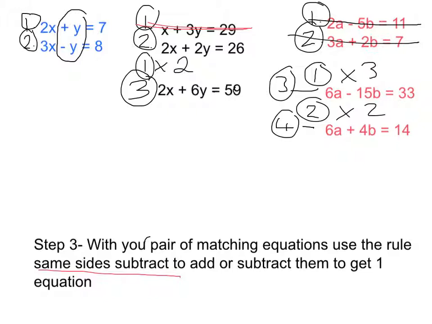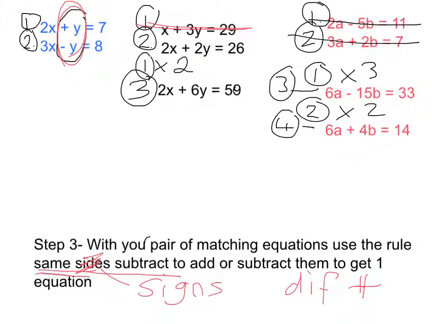So for example 1, we're going to focus on the y's because they've both got the same coefficient. Now, because they've got different signs in front of them, that means we add. So different signs means add. And actually, this word here should be signs. So if they're different, we need to add.